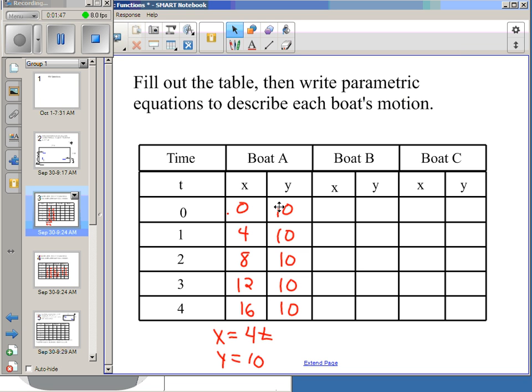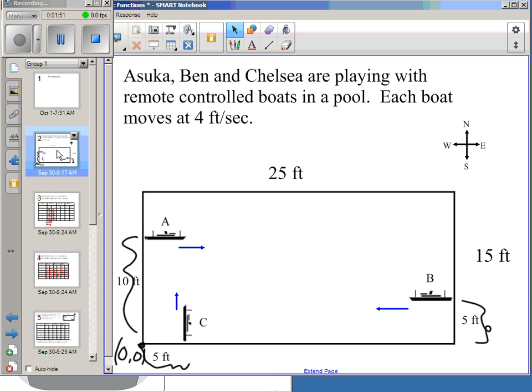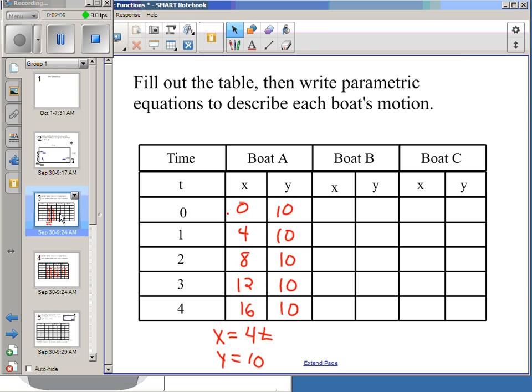All right, let's go back and think about boat B. Ben's boat is starting at an x-coordinate of 25, because it's 25 feet over, and it is moving back this way at 4 feet per second. So if we think about its table, it starts with an x-coordinate of 25, and we go to 21, 17, 13, 11.